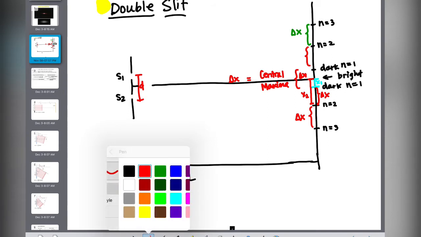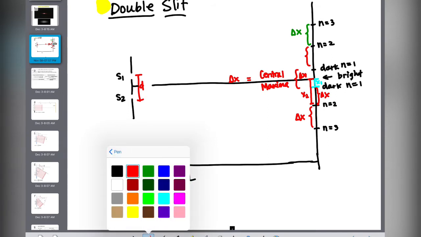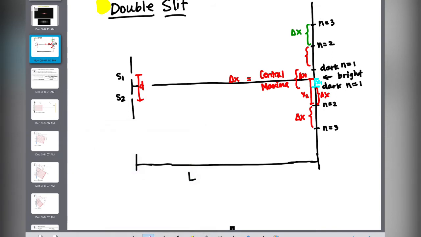The last thing we talk about is if I have a line from the middle between the two point sources and I connect it to any dark line, I'm just going to pick the second one.